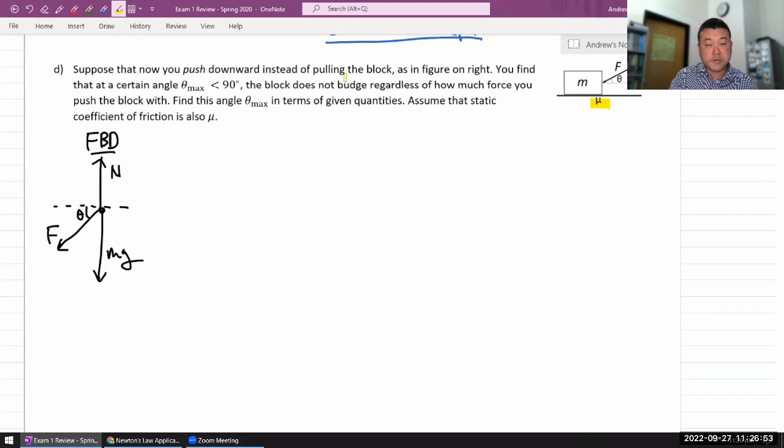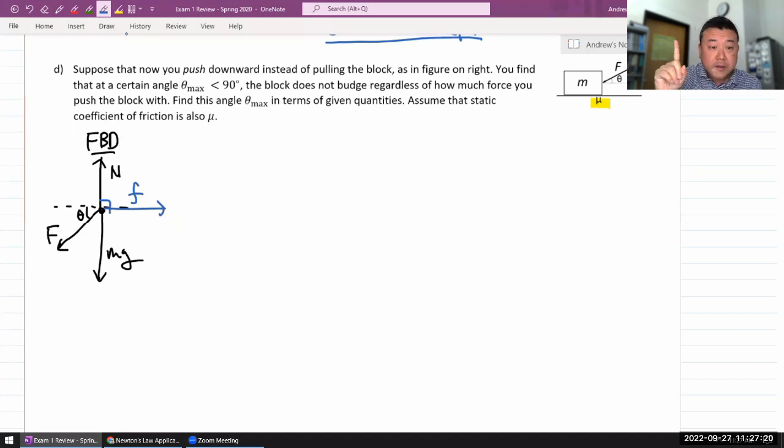Here, with all these forces, without friction, the block will tend to slide to the left. So friction will have to act to the right, so that it prevents or reduces the sliding. So I'll have friction pointed this way along the surface, perpendicular to the normal force. All right, that's my step number one.